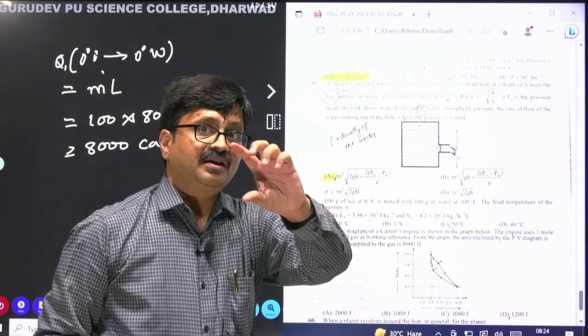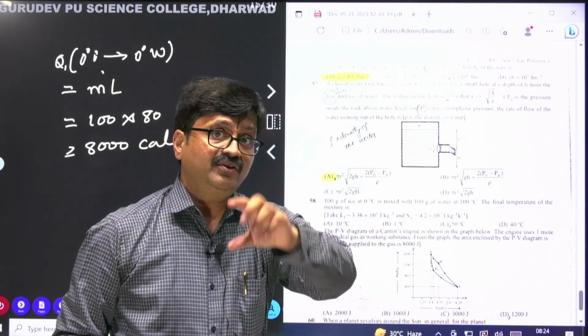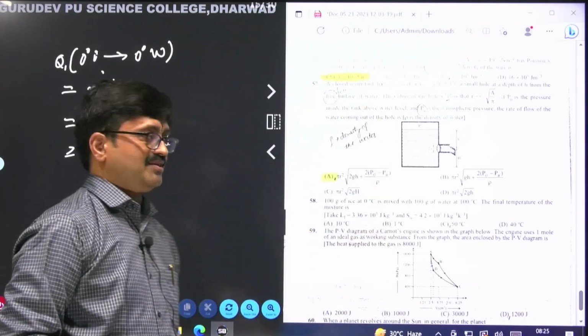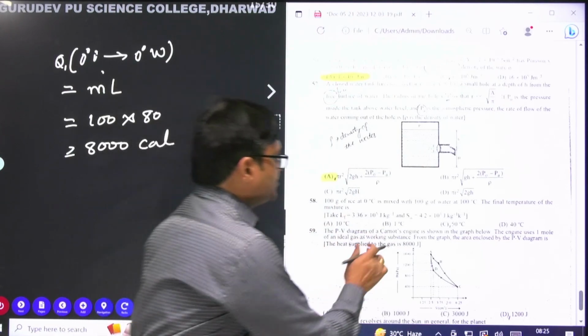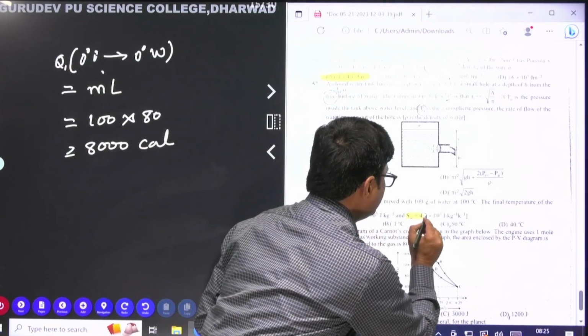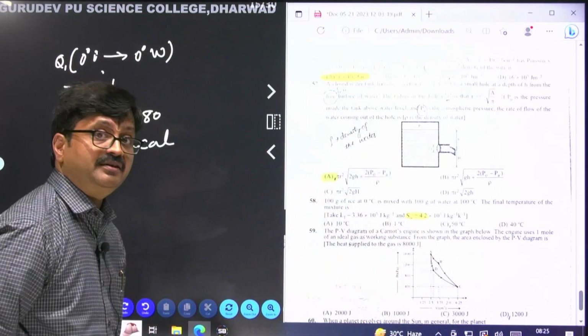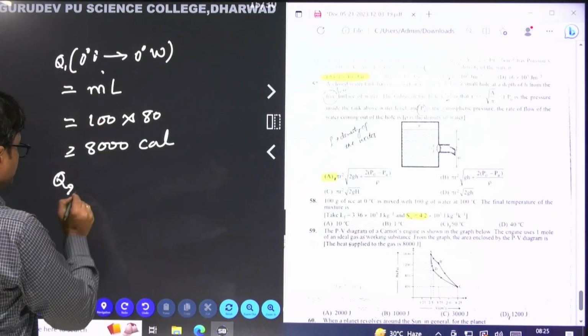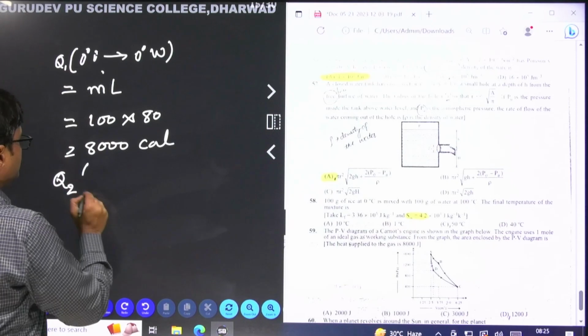Now this water which is at 0 degree Celsius, its temperature has to be increased to what? 100 degrees Celsius. Now over here, in this picture, specific heat comes into play, right? So over here I'll write that Q2 is equal to, what is Q2 here?